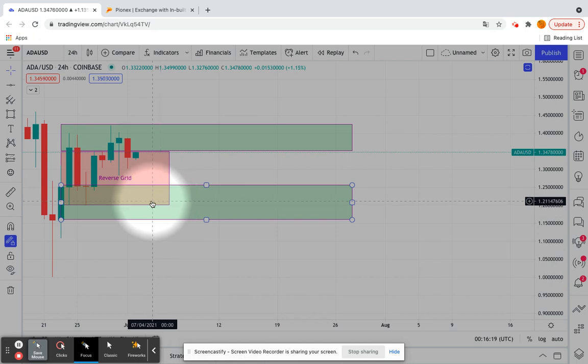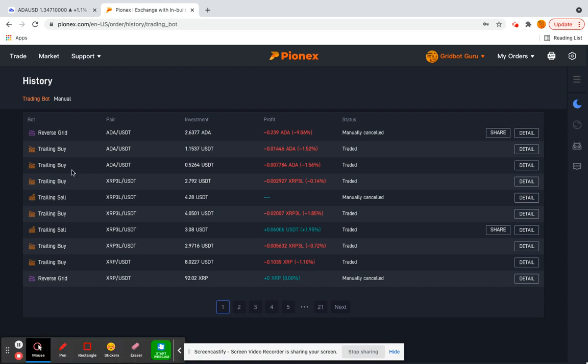Now, some of you may be saying, okay, I don't understand. I've been playing a little bit with trailing buys and trailing sells, and you guys are going to see a lot of these are red, and I'm all right with that because of 0.72%.